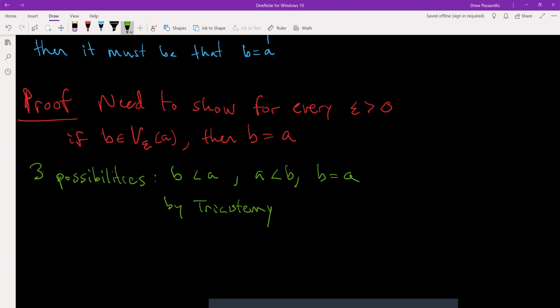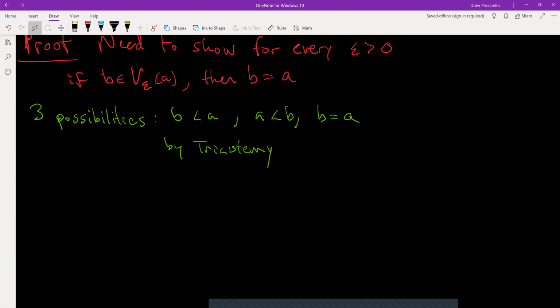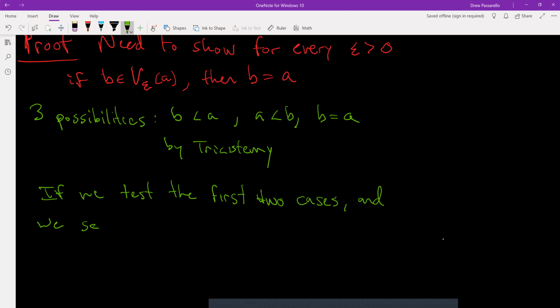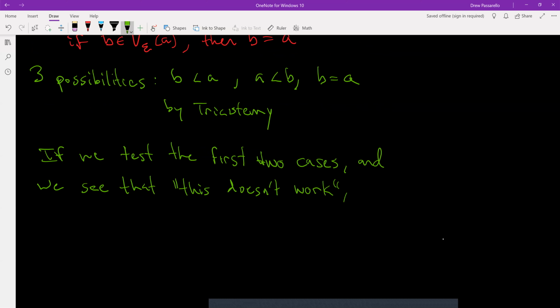So for the three possibilities, if we test the first two cases and we see that this doesn't work, and I'm putting that in quotes, then it's got to be the third case, B equals A.